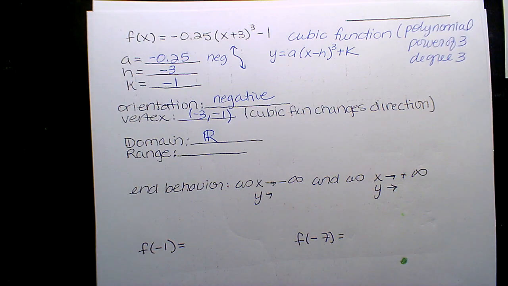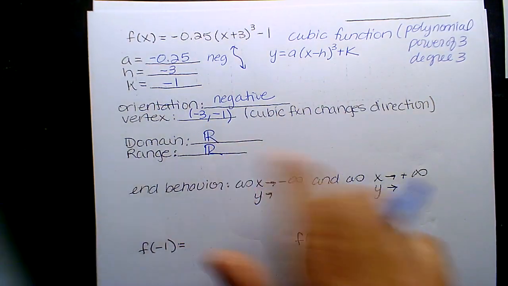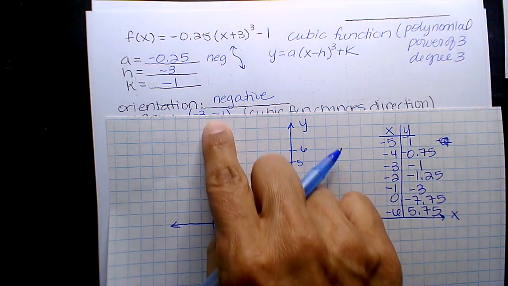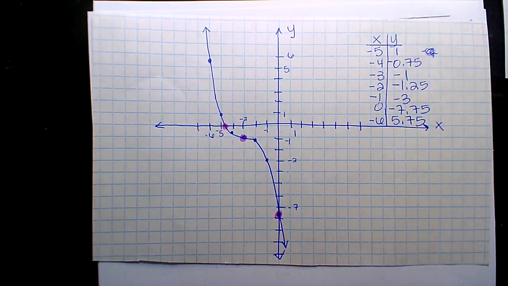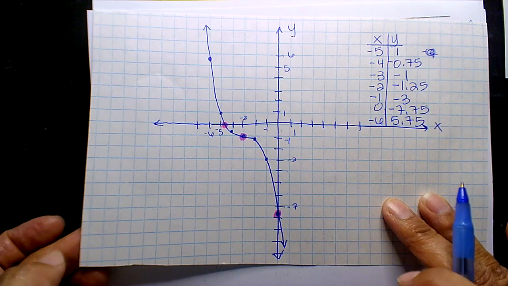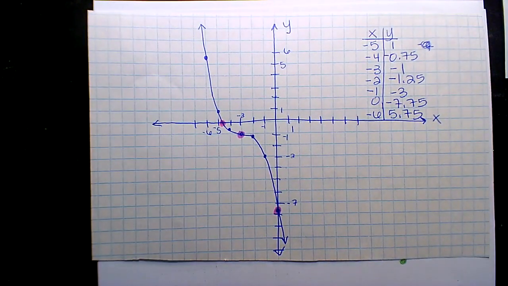Same. It has arrowheads. So all reals, it goes forever and ever. The Y values are covering faster than the X values.